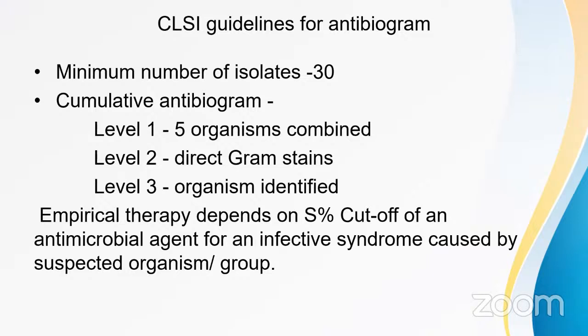If we don't have 30 isolates of the same pathogen, we can use at level 1, 5 combined organisms of either gram-negative or gram-positive, or at level 2, do it as a direct gram stain, 30 numbers, or at level 3 where the organism is identified. Empirical therapy depends on the susceptibility percentage cutoff of an agent for an infective syndrome caused by a suspected organism or group.